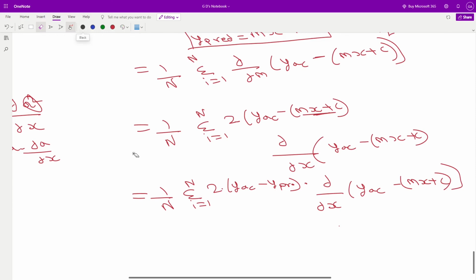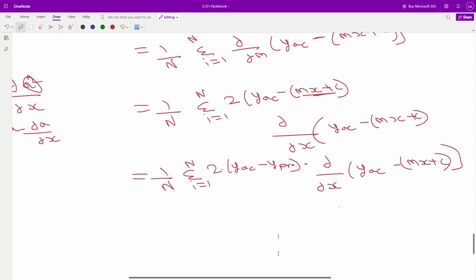Cool. Now what is the next step? Obviously we should differentiate the remaining part. That differentiation is left over. So it is 1 by n into summation of i equal to 1 to n, 2 into (y actual minus y pred).